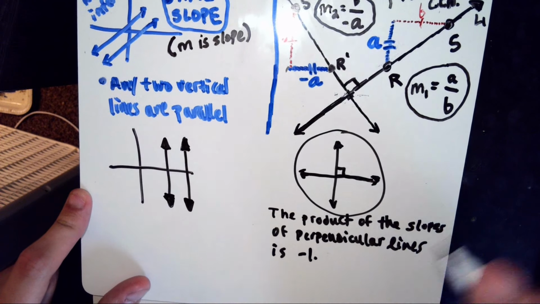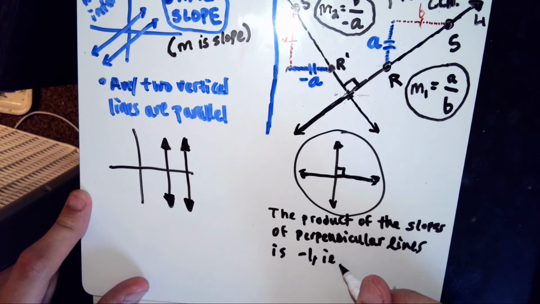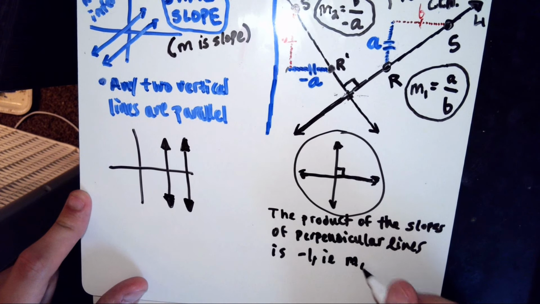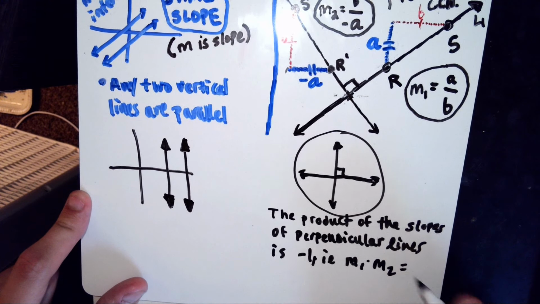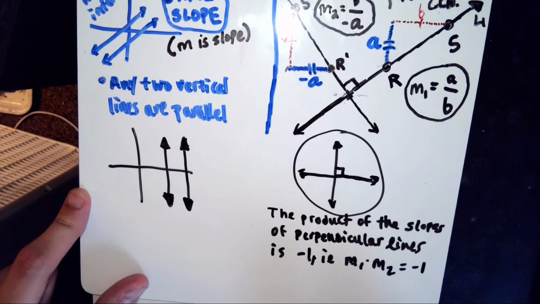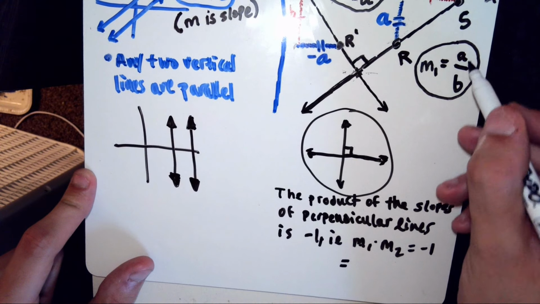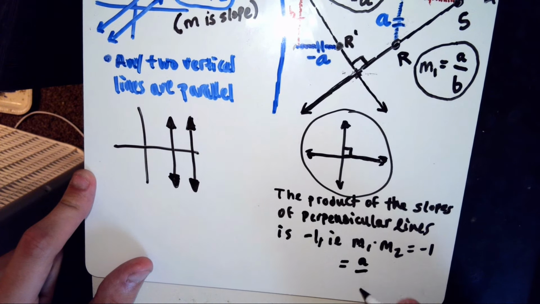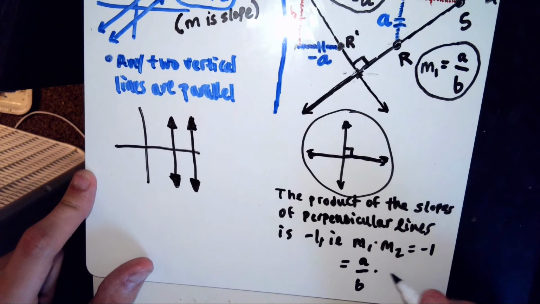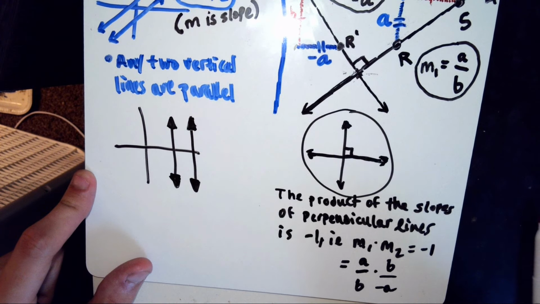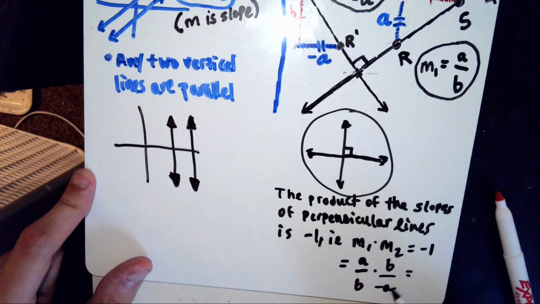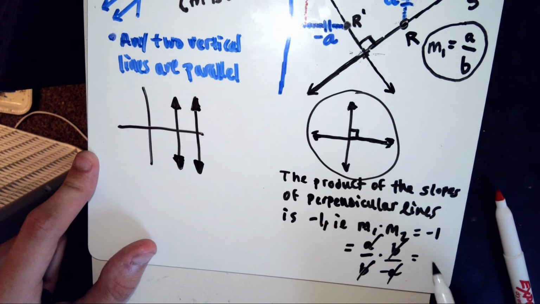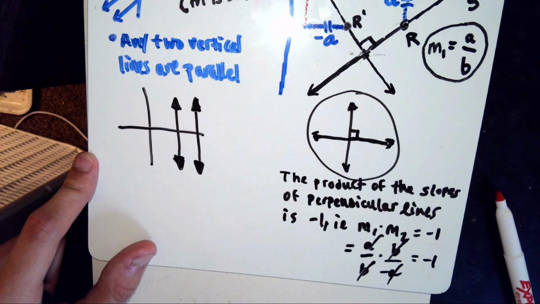In other words, m1 times m2 is -1. And we can see that's true because m1 was A over B and m2 is B over -A. Hence we can cancel some things out. We have A canceling and we have B canceling. All we have left is this negative sign, so we end up getting -1.